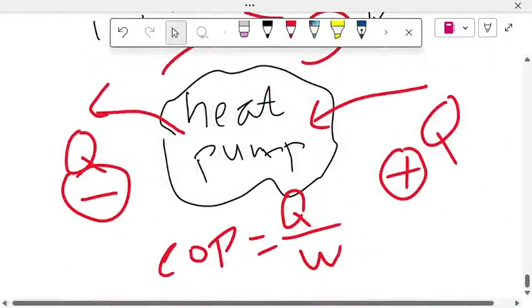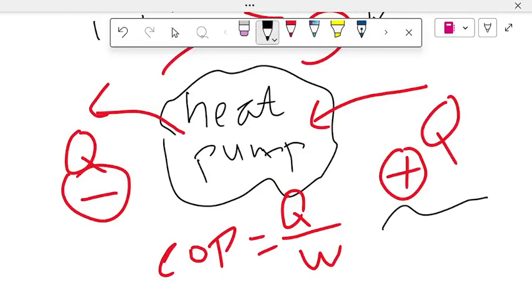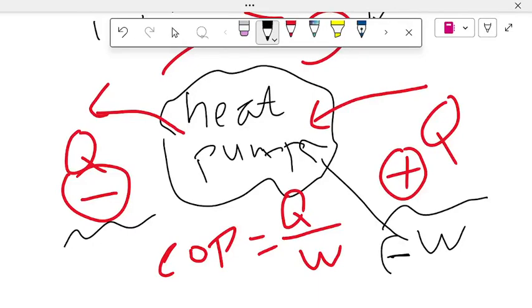So I have the convention. If I give heat to the system, there is positive heat. I heat up, let's say. But if I do mechanical work on the system, there is a minus.